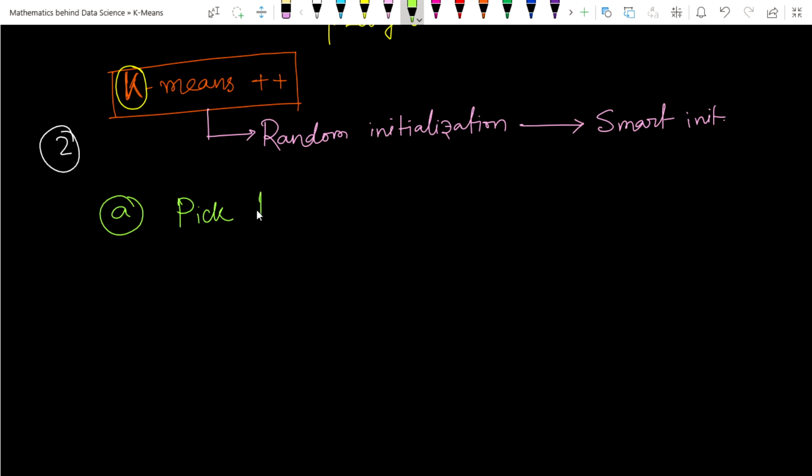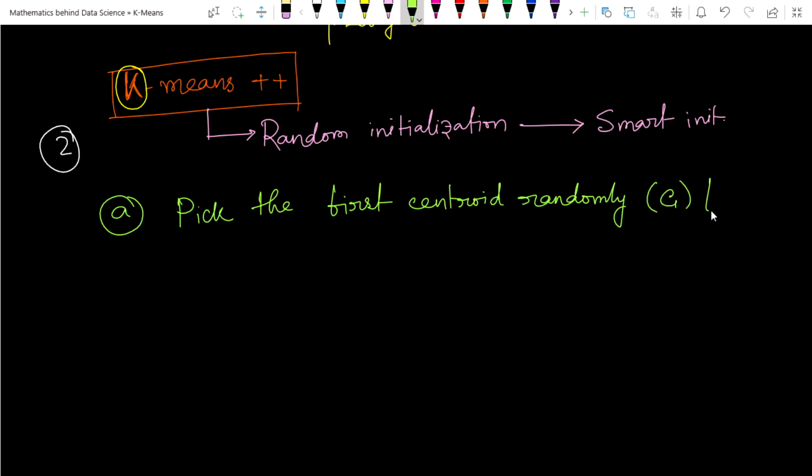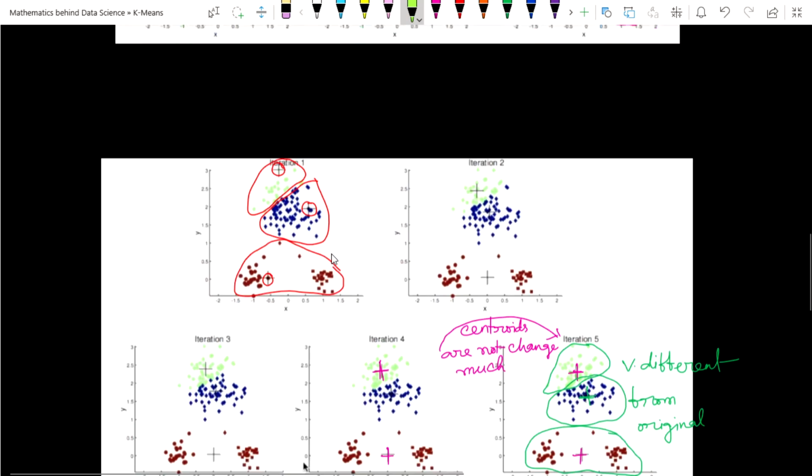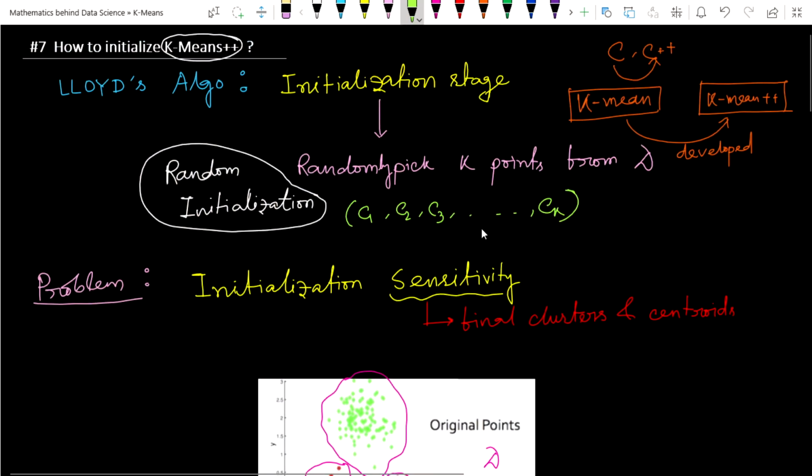Suppose we call the first centroid that we pick randomly C1, from the data set D. From the main original data set D, we pick this random point.